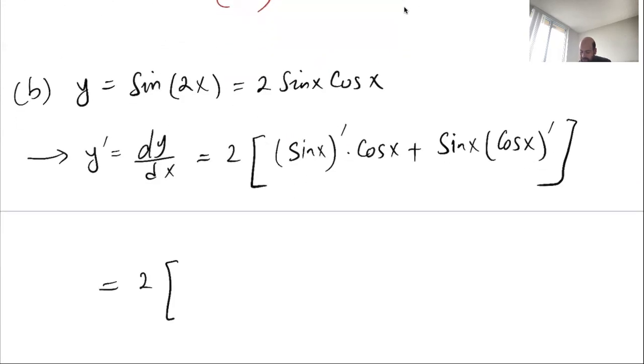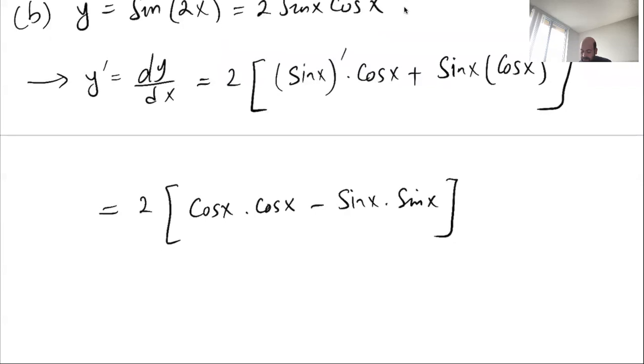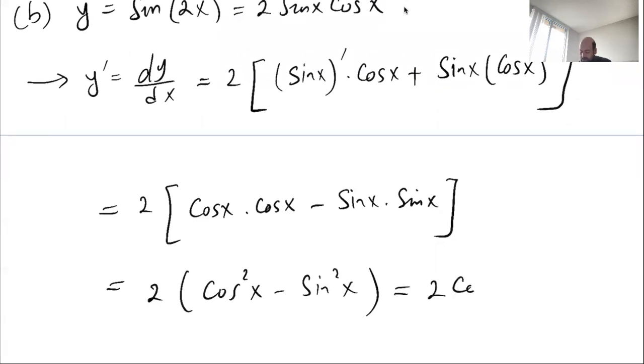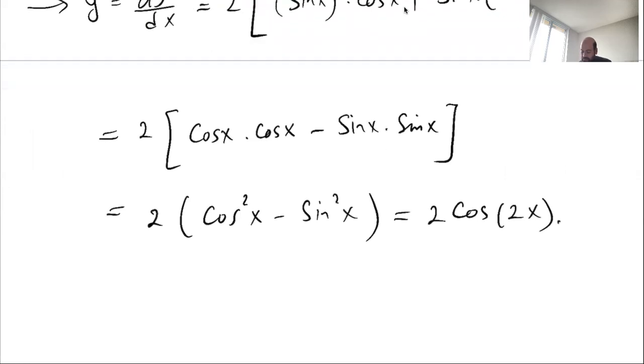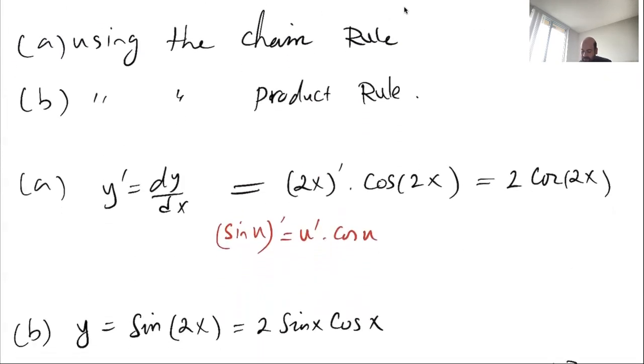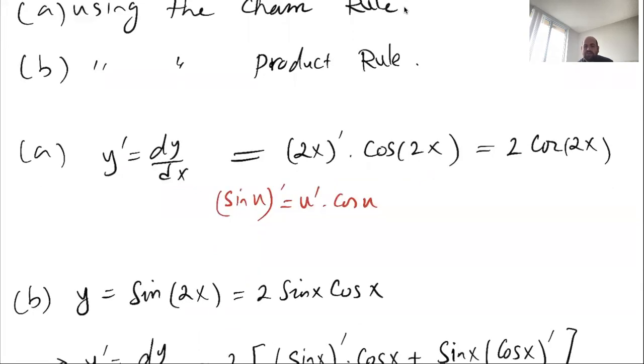And now this is 2 times (cos x times cos x minus sine x times sine x). The derivative of sine x is cos x, and the derivative of cos x is minus sine x, so we can substitute them here. So 2 times (cos squared x minus sine squared x). Cos squared x minus sine squared x is cos 2x, so this is 2 times cos 2x, which is the same answer we got in part A using the chain rule.